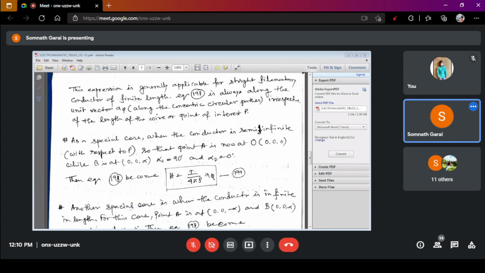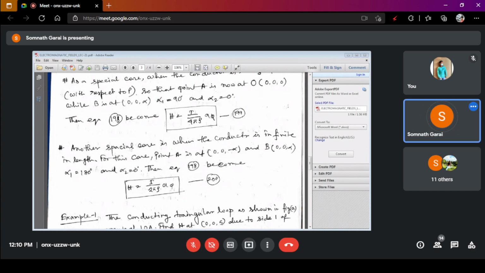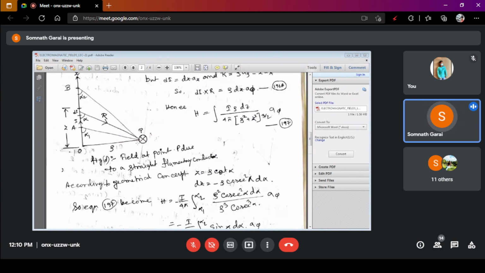Okay. Now another special case occurs, if the conductor AB is infinite in length, a very big value. That means the value of B has coordinate 0, 0, infinity, and the value of A has coordinate 0, 0, minus infinity.